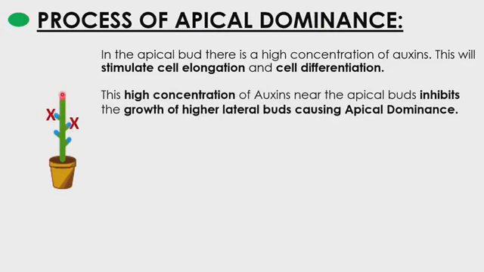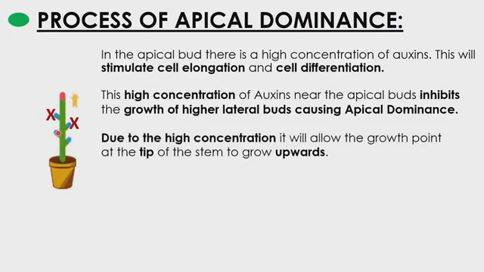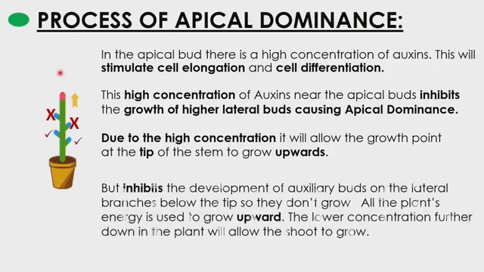So as I've already stated before, as we move away from the apical bud, the concentration of auxins will start to reduce, and the lower lateral branches will no longer have that high concentration of auxins. So that means that they will actually be allowed to grow. At the same time that we have our auxins, they will also allow for cell elongation to take place, which means that this plant will continue to grow upright and grow taller in length.